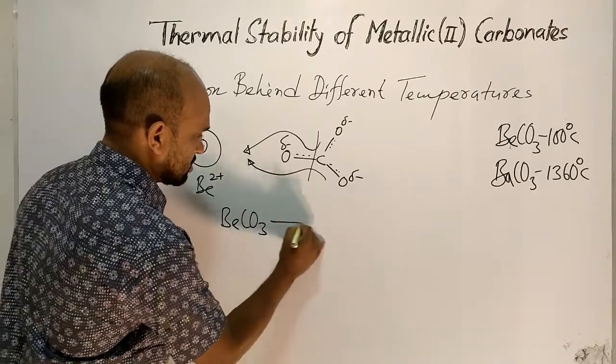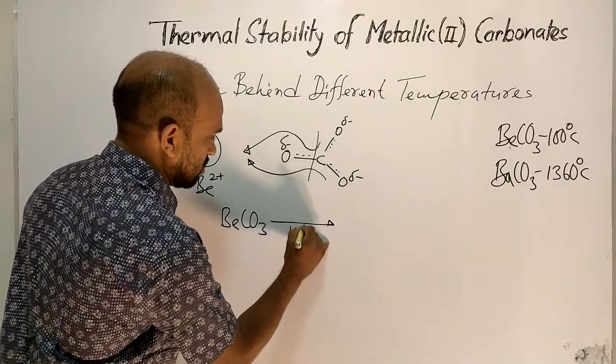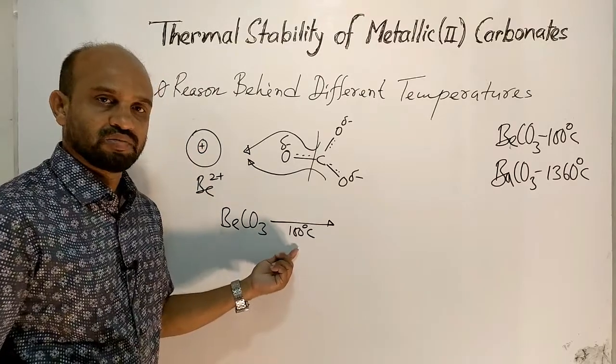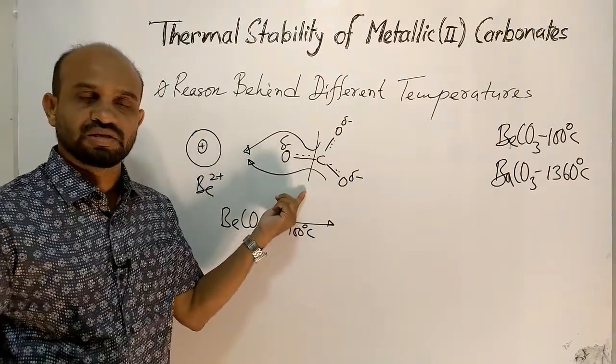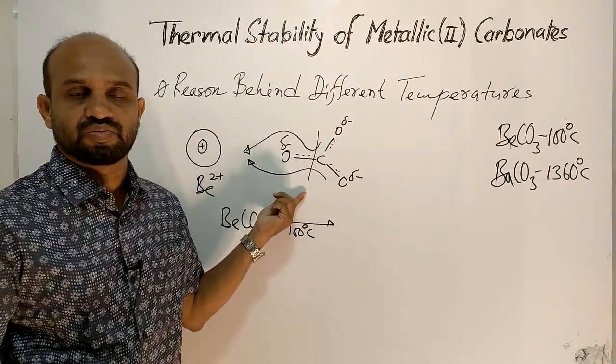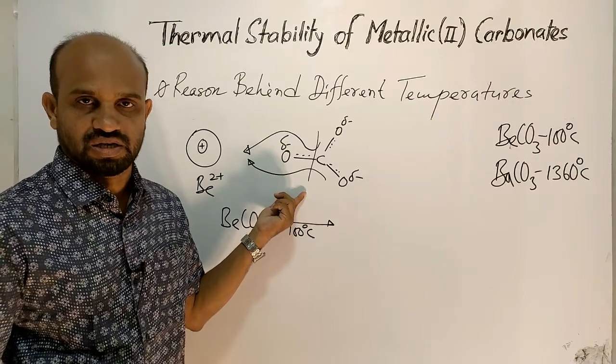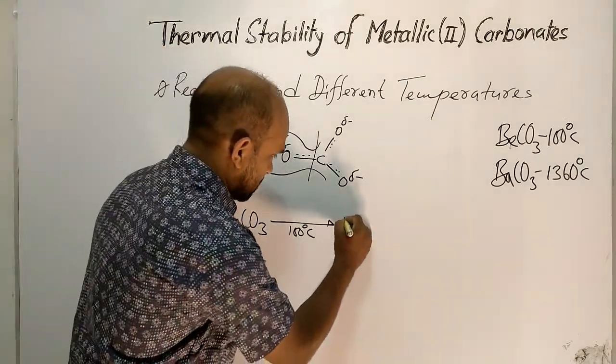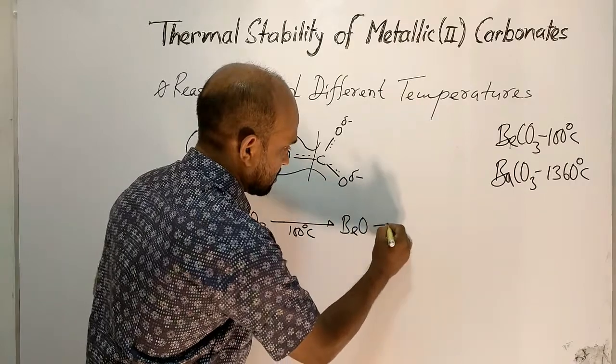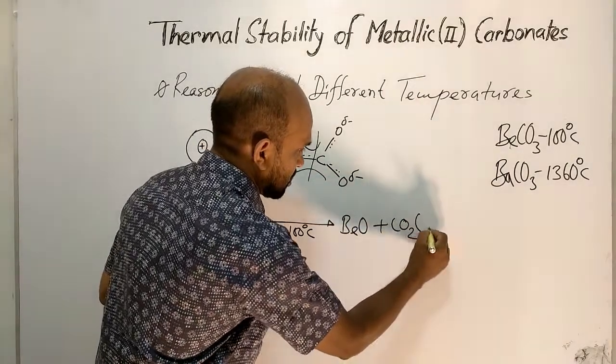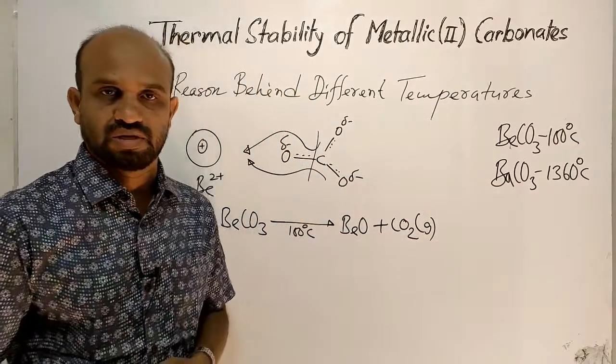Beryllium carbonate decomposes with low temperature, because in this case carbonate ion is polarized on a large scale. Beryllium oxide and carbon dioxide breaks free.